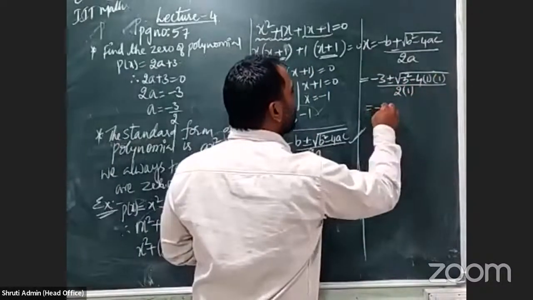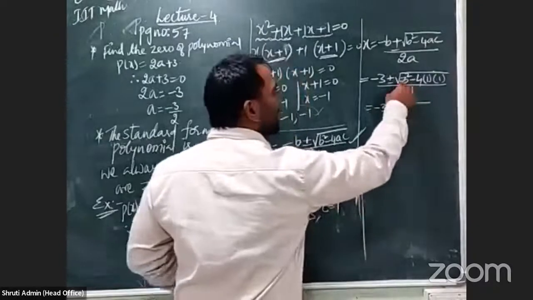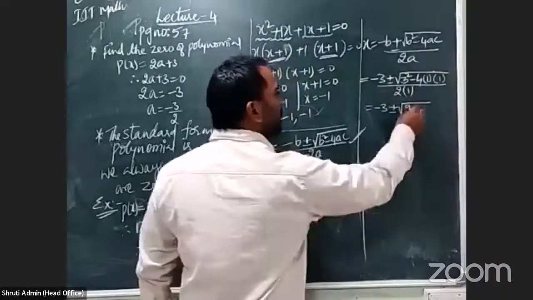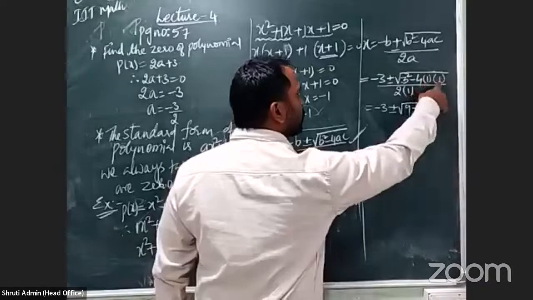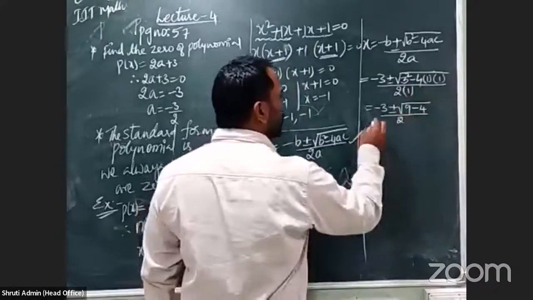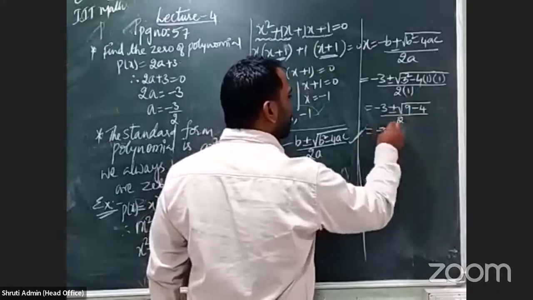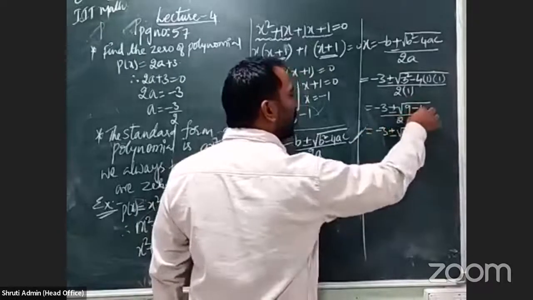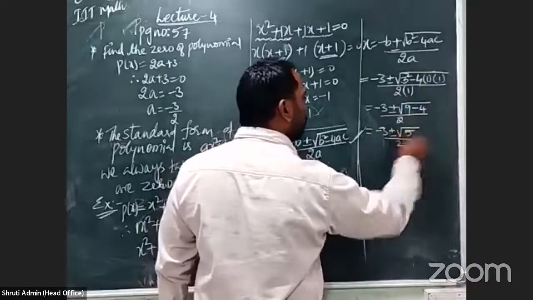So minus 3 plus or minus root of 9 minus 4, which is 5, by 2.